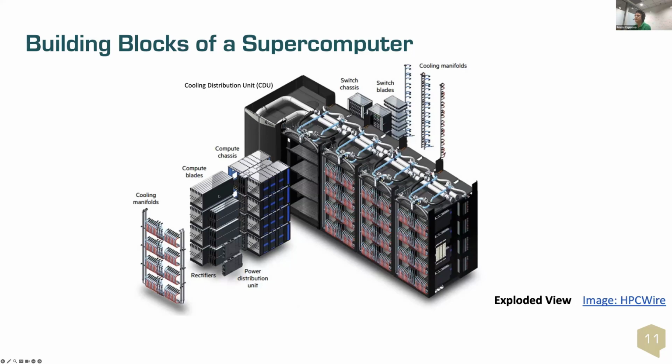Each of these blades has 2 nodes on it. So there is a direct, super fast connection of one node to the other. Once you insert all these blades, the compute chassis has an automatic, fast connection of all the blades together. That gives this node and this node in the blade, but also the rest of the nodes in the chassis, a very fast connection with each other.